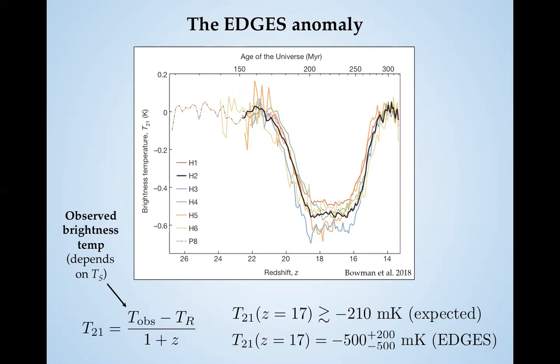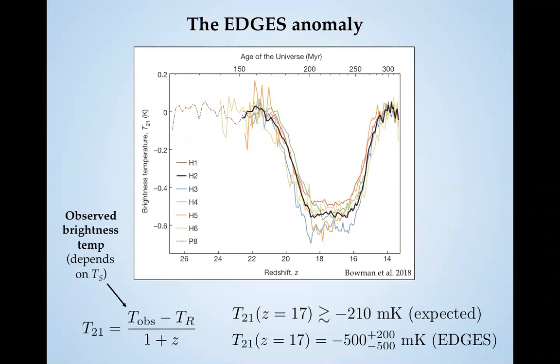So what did EDGES observe? This figure is showing the differential brightness temperature, which is closely related to the spin temperature, although I'm not showing the exact formula. But the message from this plot is that between redshifts of about 15 and 20, the EDGES signal shows a dip below 0 in the differential brightness temperature, which means that the spin temperature is colder than the background radiation temperature.